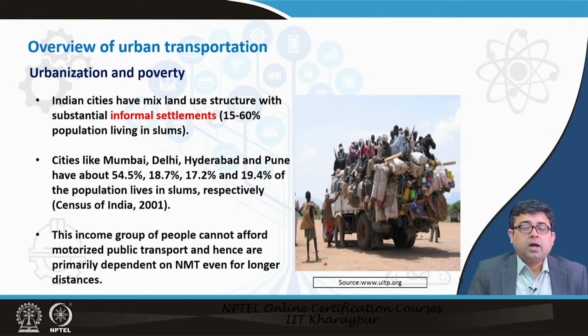So, suddenly if you widen a 2-lane road into a 4-lane road, which goes from the middle of your city, what happens is the pavement is taken up by vehicles, and vehicles can be owned by people who have enough money to buy those vehicles, right.